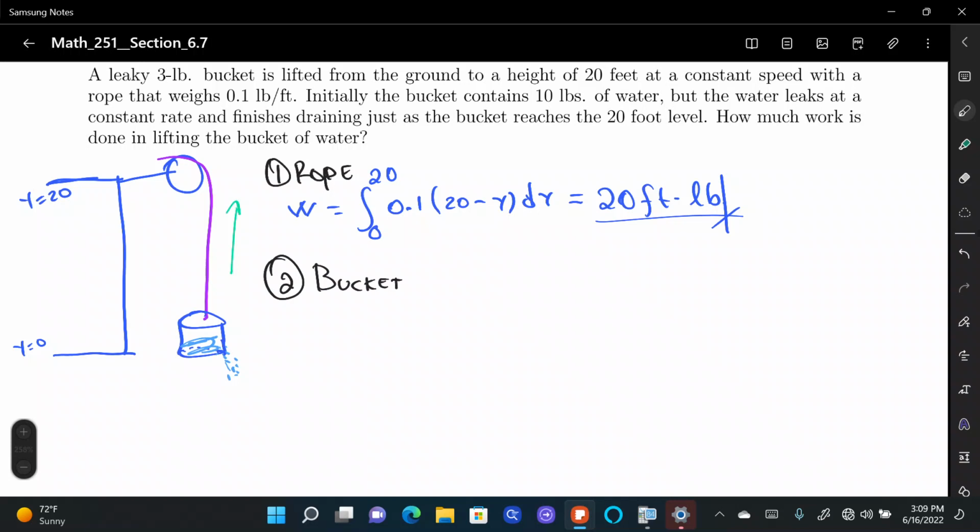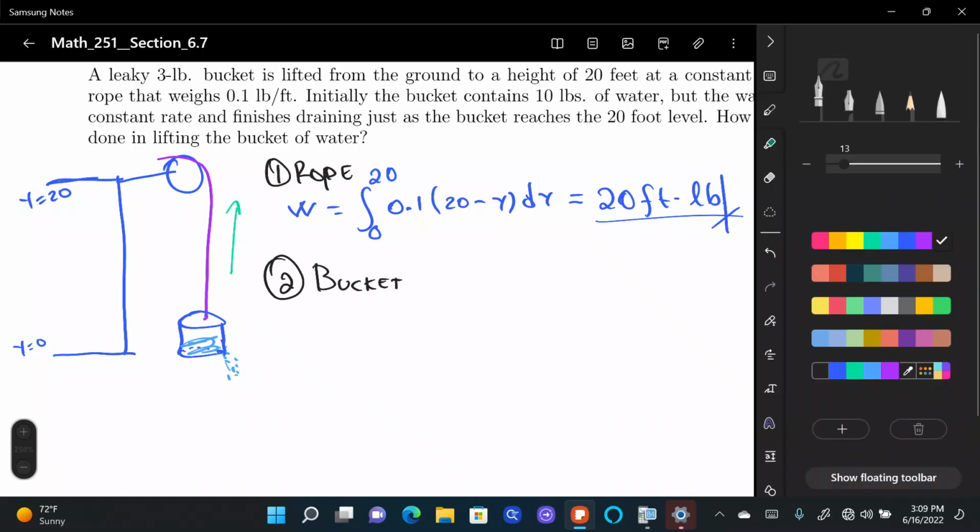The thing here is the bucket. The weight of the bucket doesn't change unless there's someone doing a magic spell to make it heavier or lighter, but that's not the case. So in this case, the weight is constant. The force due to its mass under the conditions for gravity is constant. So no calculus is involved for the second part of the problem.